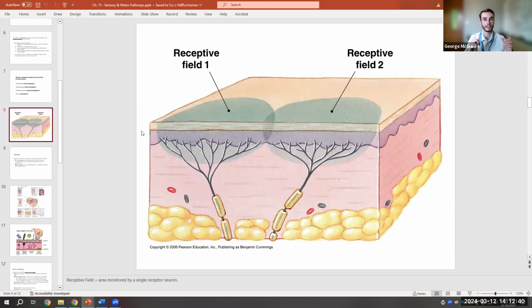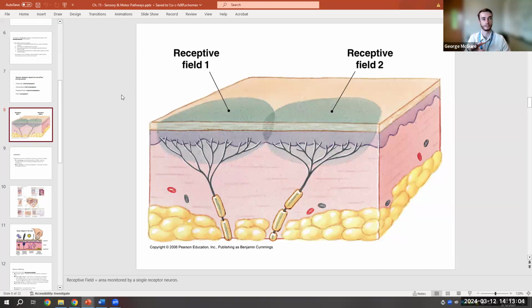And then we have areas that will produce a fine sense of touch. And so this is a response to their receptive field. The receptive field is describing the total area that is monitored by a single receptor neuron. So the smaller that receptor field is, the more particular, the finer that sensation is going to be.